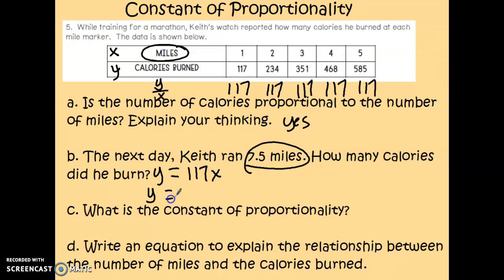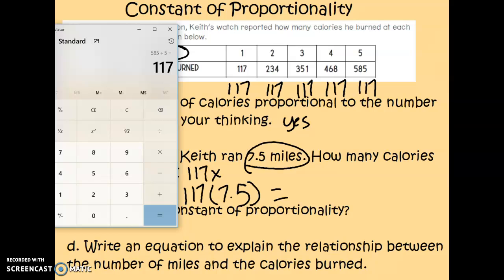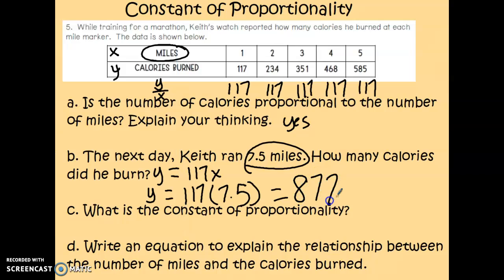I'm trying to find y. 117 times 7.5, I put that in wrong, 7.5 times 117, and that gives us 877.5 calories.